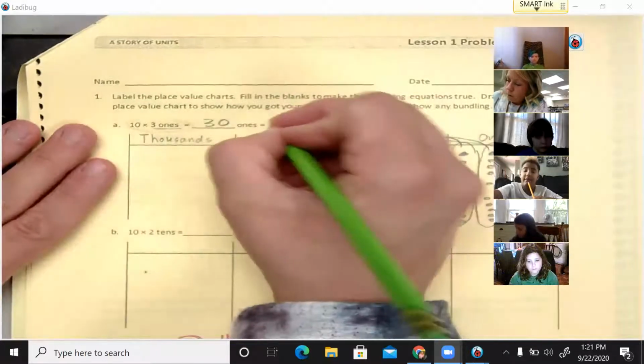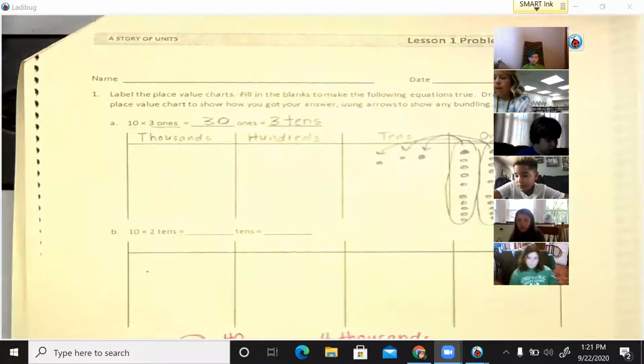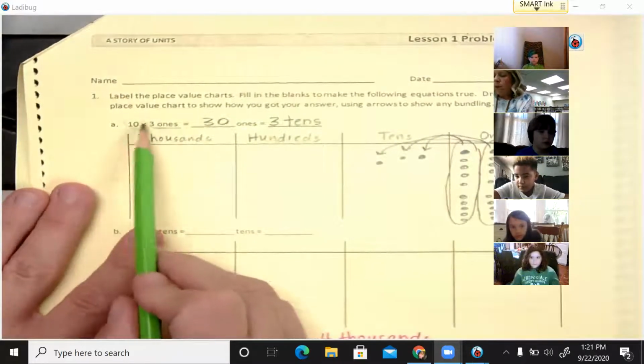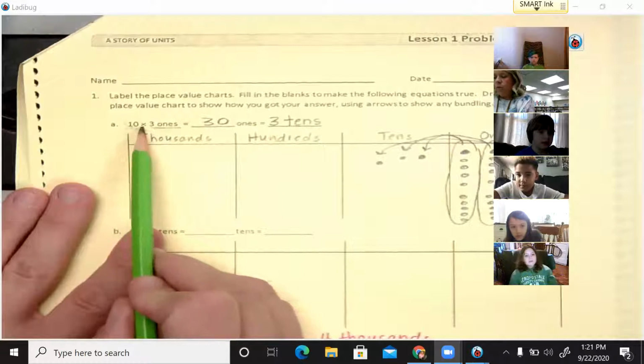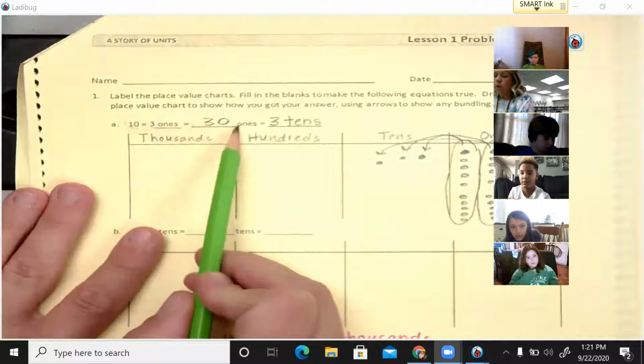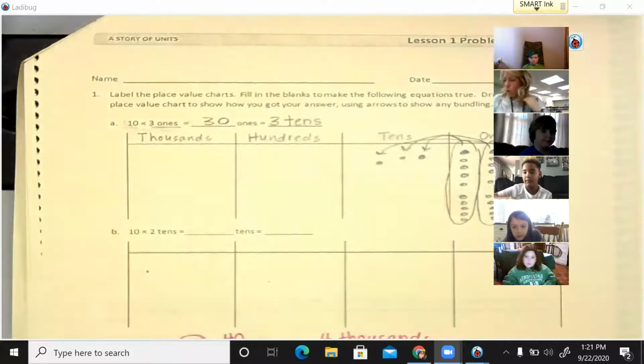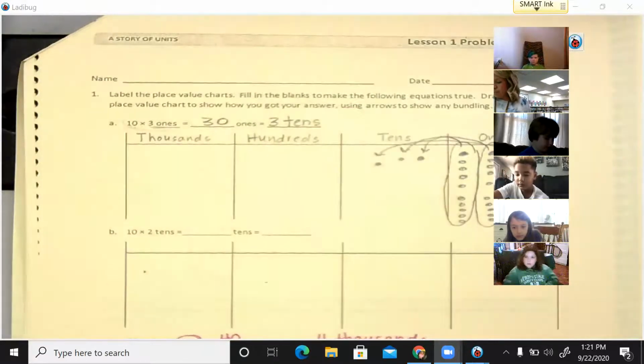Very good. So at home, I want you to go ahead and read this line with me. 10 times 3 ones equals 30 ones equals 3 tens. So those are all equivalent. 30 ones equals 3 tens.